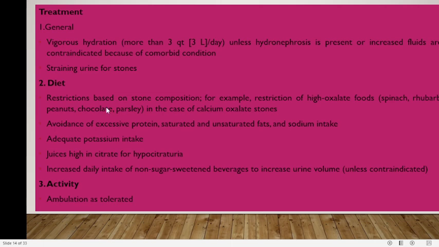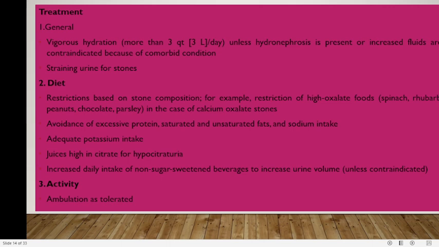In kidney stones, we need restrictions based on stone composition. For example, restriction of high oxalate foods such as spinach and chocolate. In the case of calcium oxalate stones, avoidance of excess protein, saturated and unsaturated fats, and salt intake.